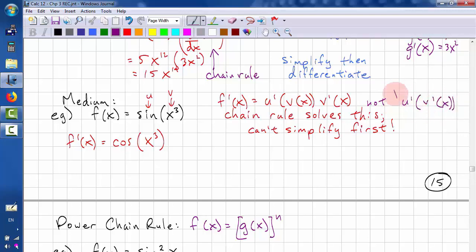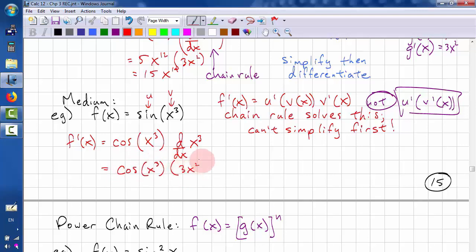That's not the chain rule. The chain rule is a little bit more complicated. Okay, and then we do d dx of x cubed. And this equals cos x cubed times 3x squared.